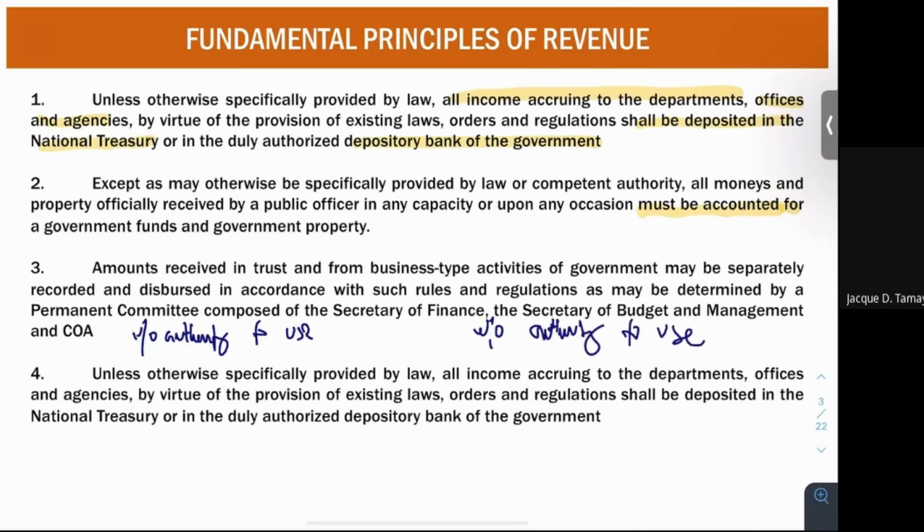Okay. So when we say with authority to use, this means that the agency is authorized to use the revenue.